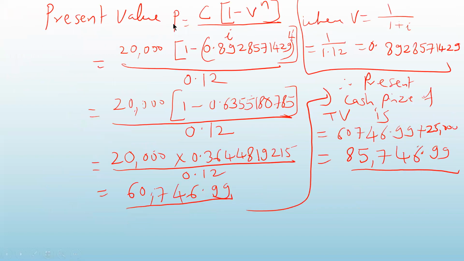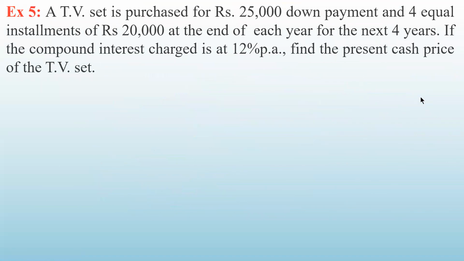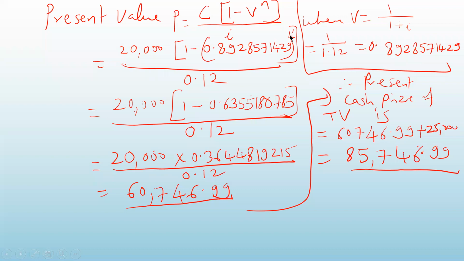You know our formula for present value, P is C into 1 minus V raised to N upon I. C is 20,000, and P you have to calculate. V is 1 upon 1 plus I, and 1 plus I is 1.12, since R is 12. Put all the values, simplify, and you will get the present value.